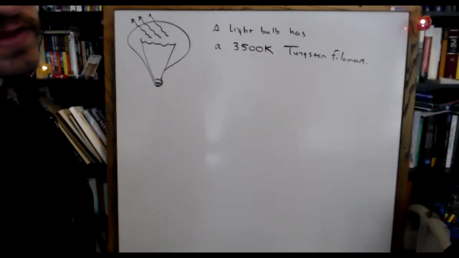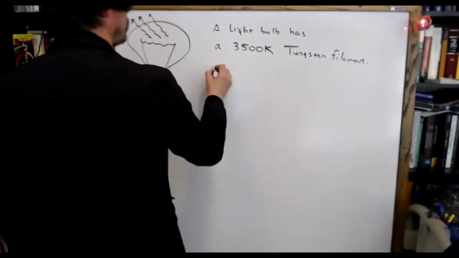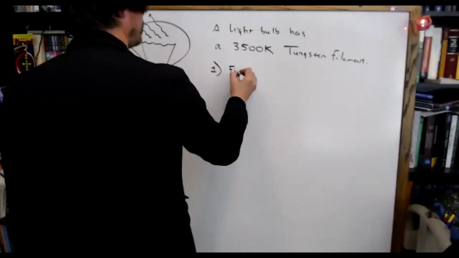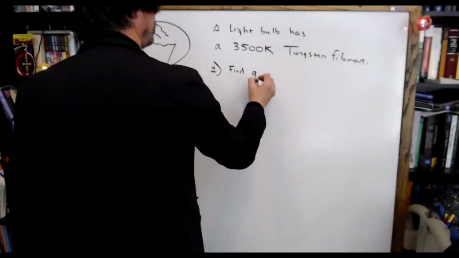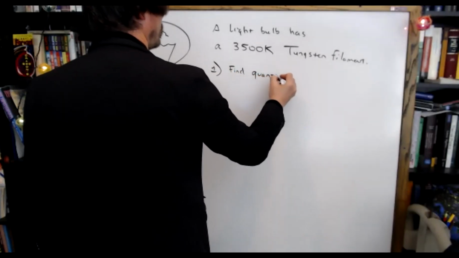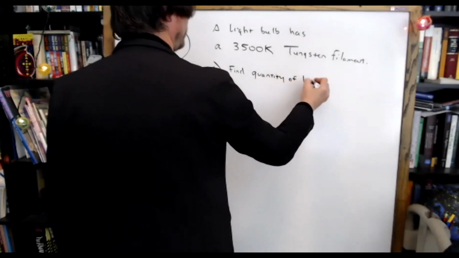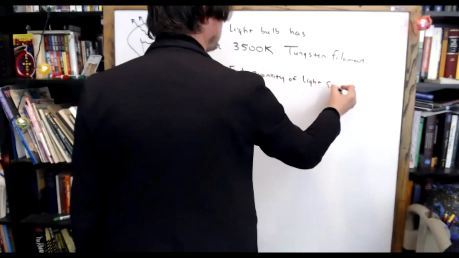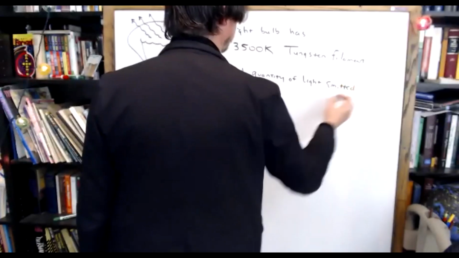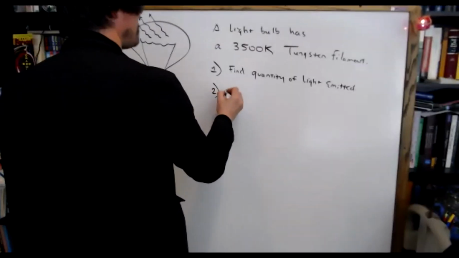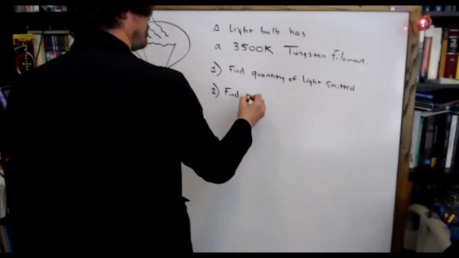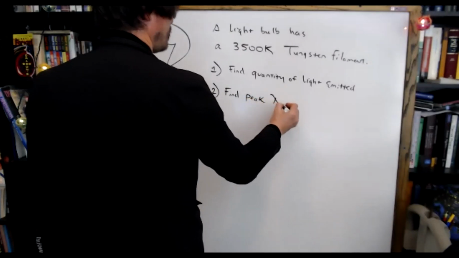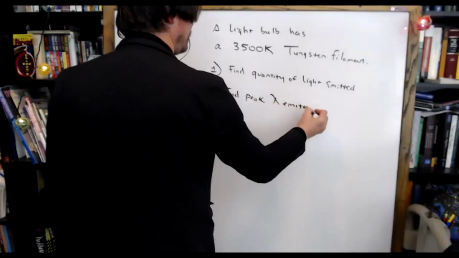Based on those givens, what I would like to do is, one, find the quantity of light emitted, and two, find the peak wavelength of emitted light.